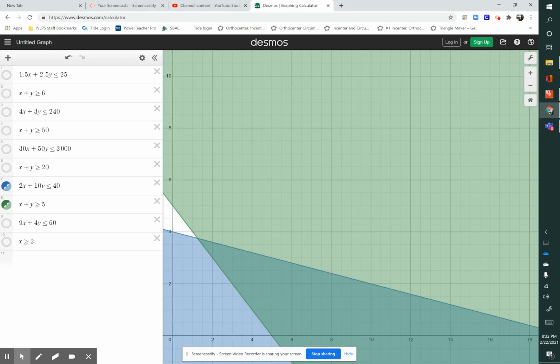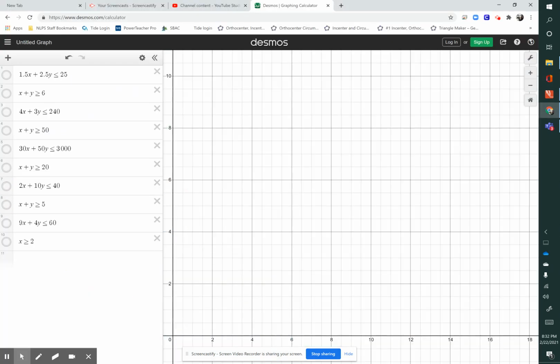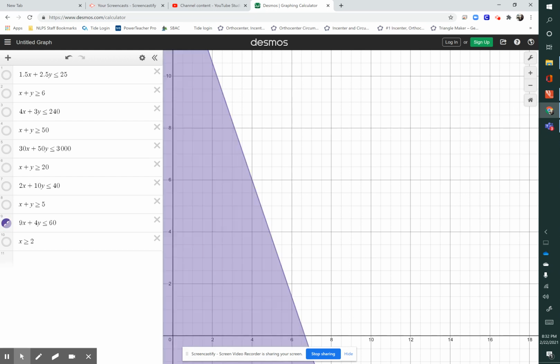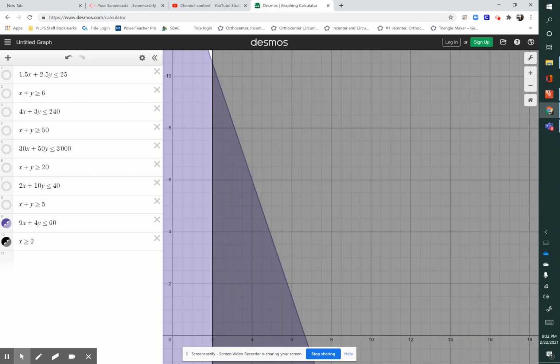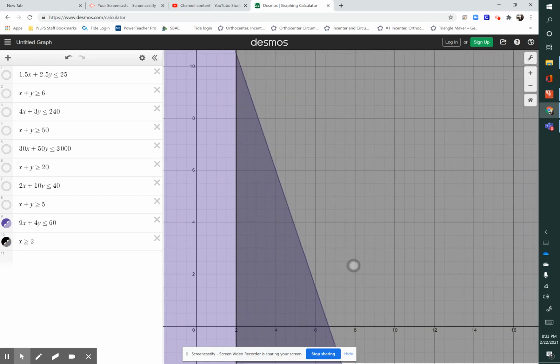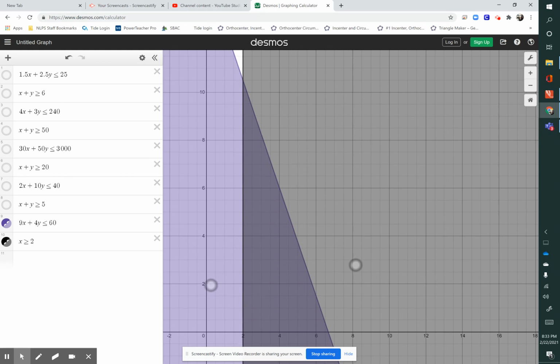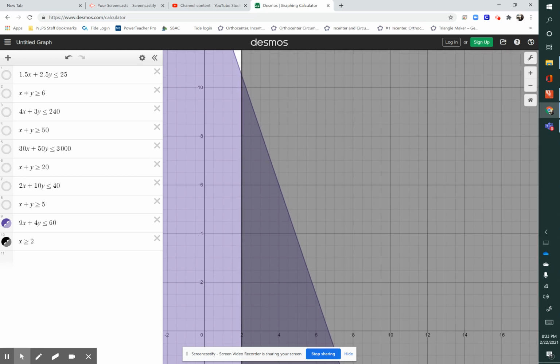We'll turn off our last problem. And see, 9x plus 4y is less than or equal to 60, and x is greater than or equal to 2. And there's our triangular area that's part of our solution.